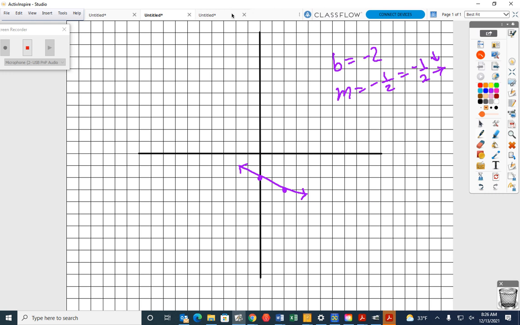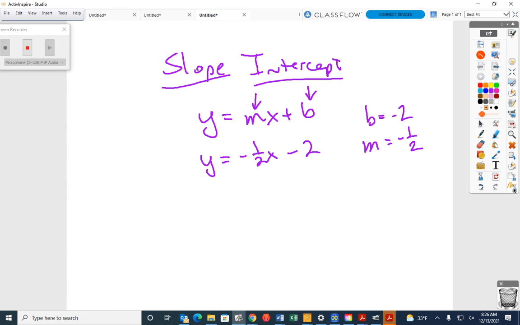What if I have an equation like this? Continuing with slope-intercept form, let's say I gave you this, and I told you that you need to put this into slope-intercept form and graph it. I need to get what by itself? y. This is 6x, sorry. I'm going to take away 6x from both sides.